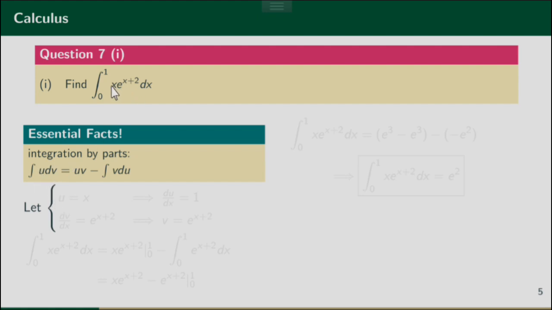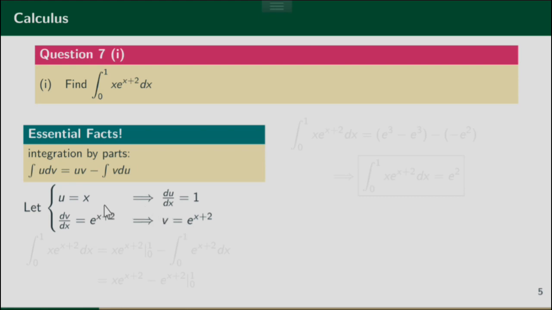So I will take u as x and I will take dv as e raised to the power x plus 2. So u is equal to x. Then differentiating u with respect to x, I get 1. And dv by dx is e raised to the power x plus 2. And integrating this function will still give the same thing, because when I differentiate x plus 2, my answer is 1. And I have to multiply 1 by the function, which doesn't change its value.